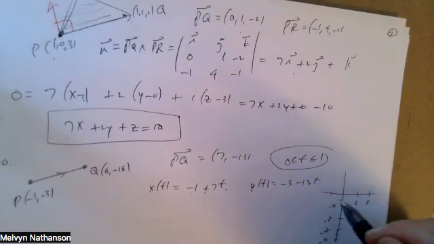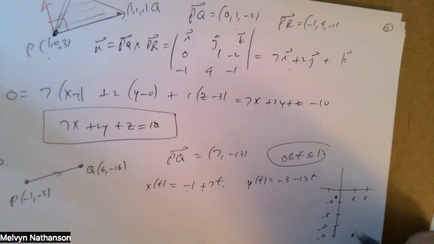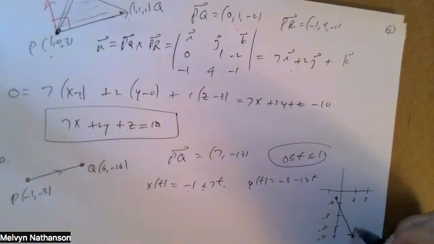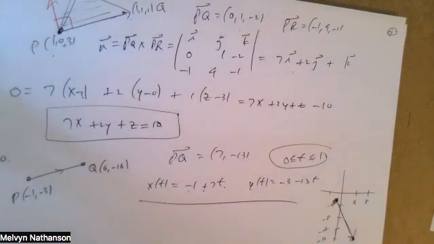So the point minus 1, minus 3 would be about there. The point 6, minus 16 would be down there. And we want to find the line segment that goes from here to here, and it's given parametrically by these equations. Right, that's what it is.